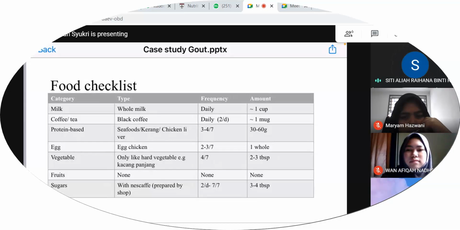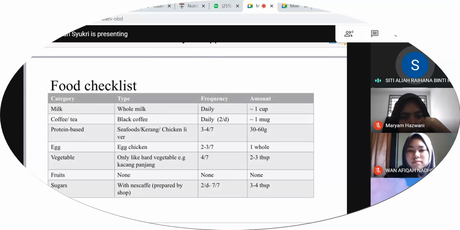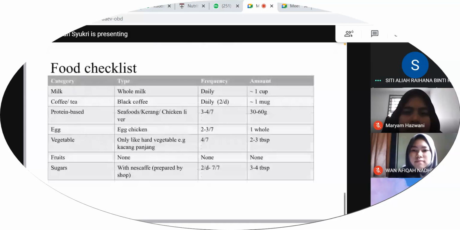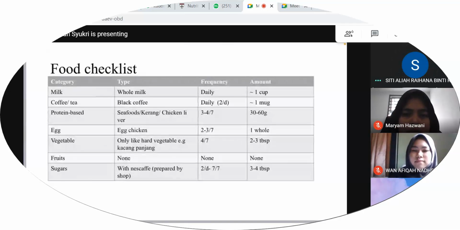What are the things that guide you to highlight certain food? Are you going to highlight everything from the sky? Okay, so it comes to prioritization. I will explain that later.